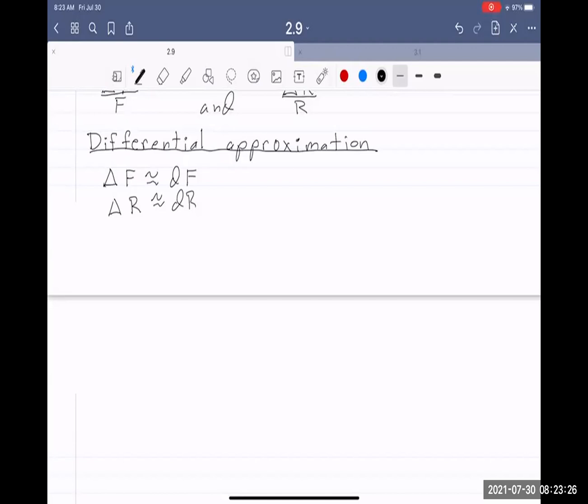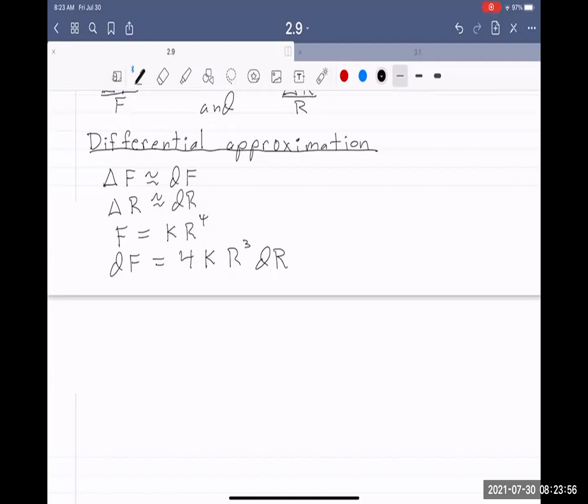So therefore, since F is equal to K r to the 4th, then dF is equal to 4 K r to the 3rd dr.